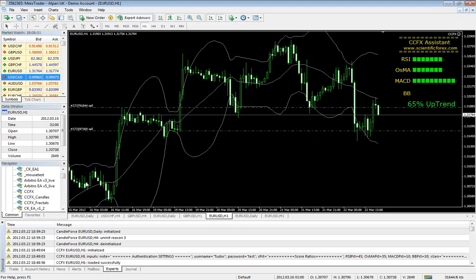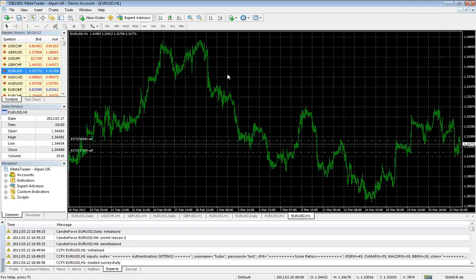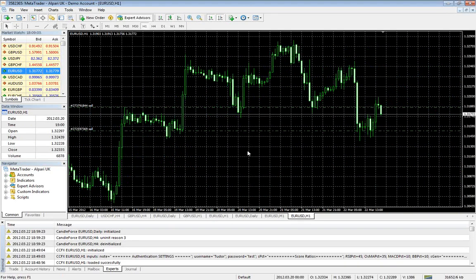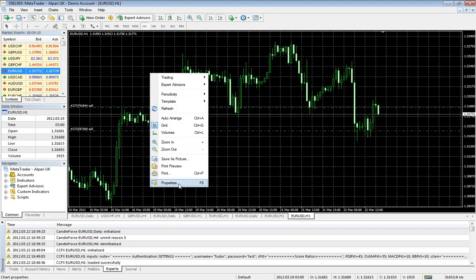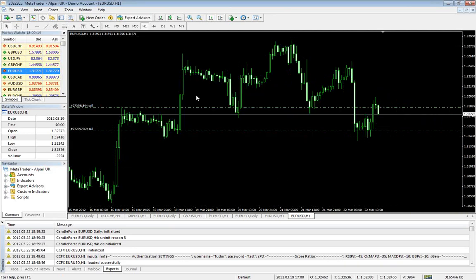Okay, let's start with Candle Force. Let me just open a new fresh chart here. Okay, I'll just zoom in a little. Usually I go ahead and take off the grid, so here I took off the grid so we can see it better.